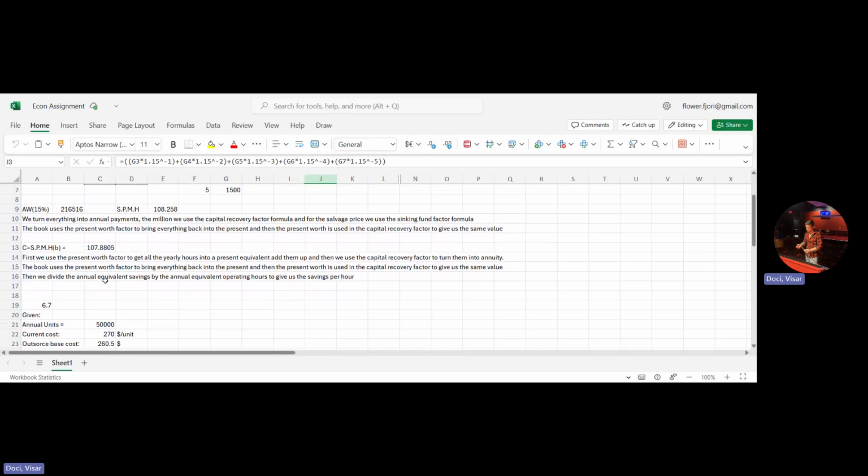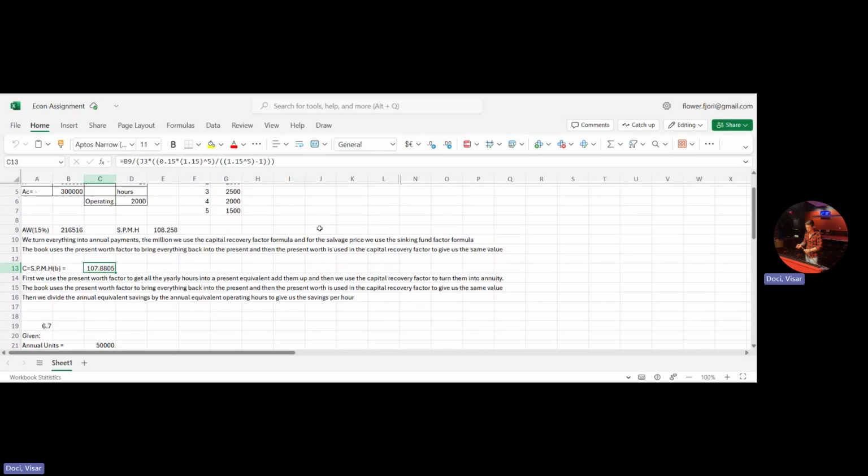Then we divide the annual equivalent savings by the annual equivalent operating hours to give us the savings per hour, which was the 216,516 divided by the hours that are turned into an annuity.